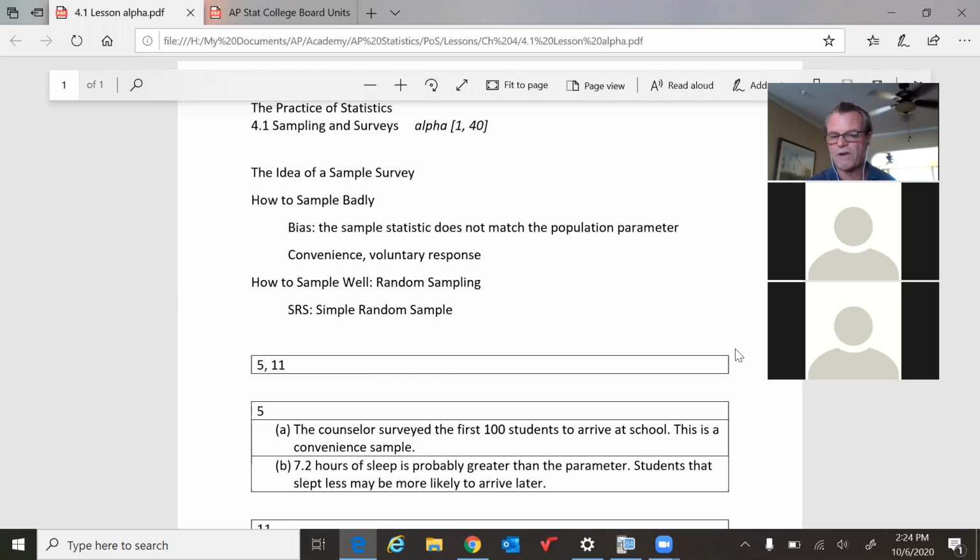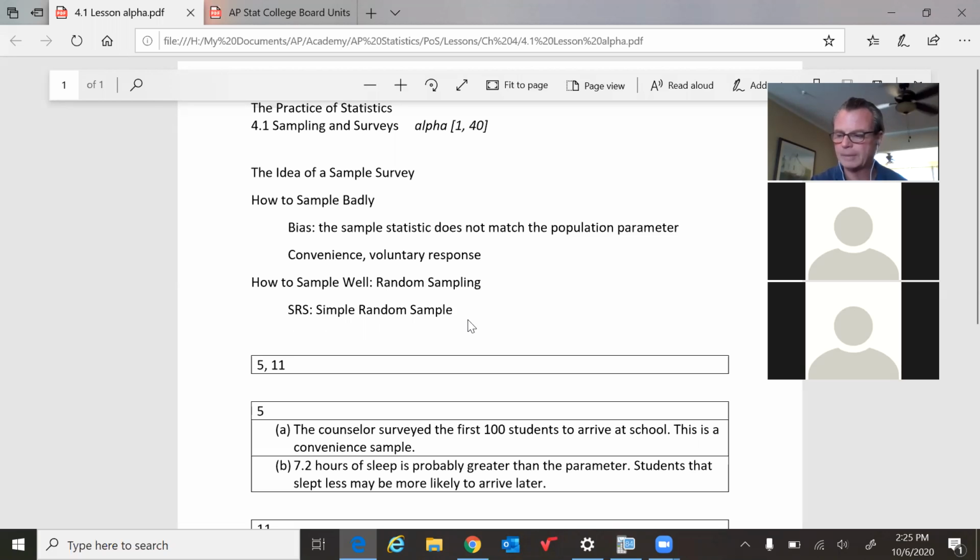So they quantify this and say, between 7 and 8 hours of sleep, the students that get less sleep than that aren't going to be among the first 100 to show up at school. So if you really wanted to know how much sleep the students are getting, you would have to have a random sample. And that's what chapter 4 is about.